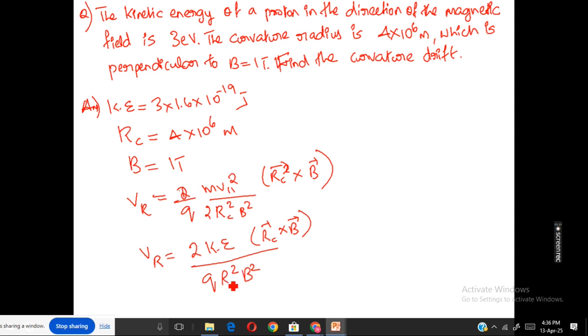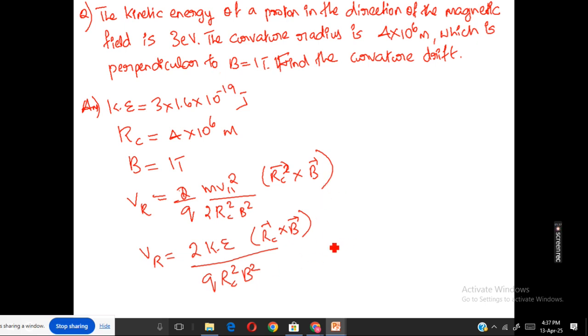So kinetic energy is given, RC is given, B is also given, and RC cross B will involve sine. It is shown that the curvature radius, 4 into 10 raised to 6, is perpendicular to B, which means the angle between them is 90 degrees. So RC cross B will be RC B sin theta, where theta is 90.